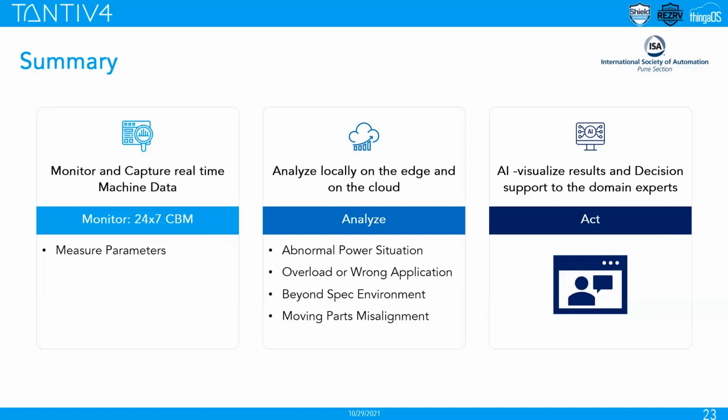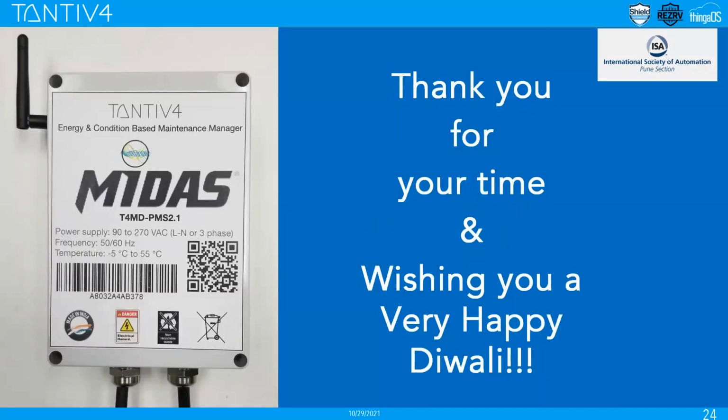Just out of curiosity, I would like to know what the hardware arrangement is. How will you get information from the loom? There must be some hardware you need to fix with the loom. Am I right? Yes, so you can see here. Currently we are offering power monitoring only.